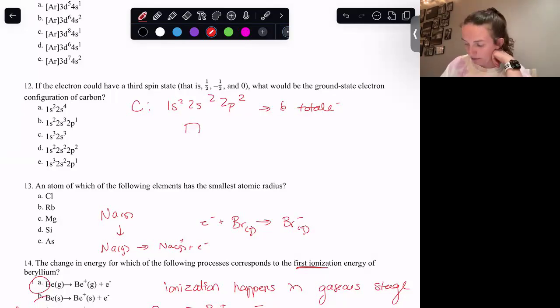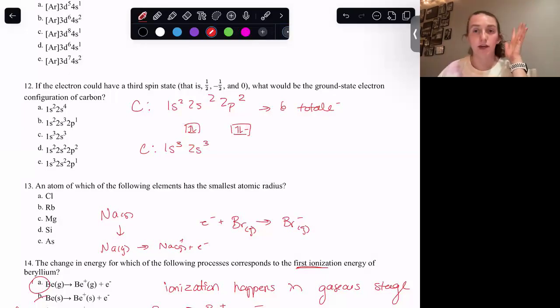Because we only could have originally up and down. But now we have up, down, neutral. So as we fill this up, carbon now becomes 1s3, because now we have 3 electrons that can fill it, 2s3, because now the s orbital can hold 3 electrons instead of 2 electrons. So that's why this is going to be C. We never reach the p orbital in the case of an up, down, and neutral. Does that make sense for 12?